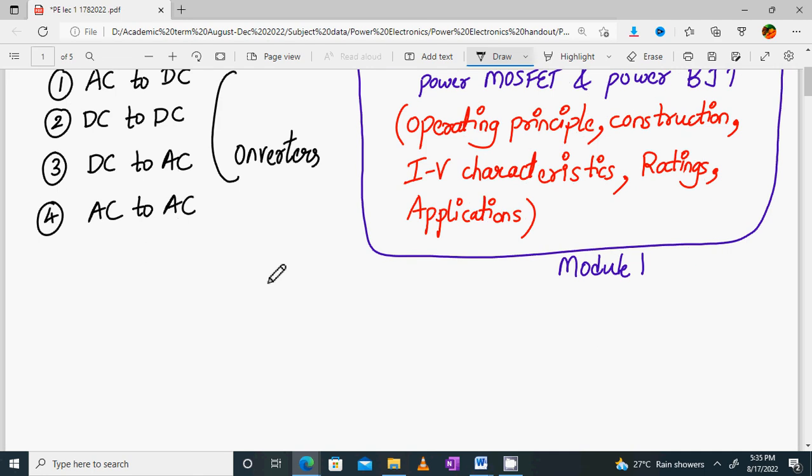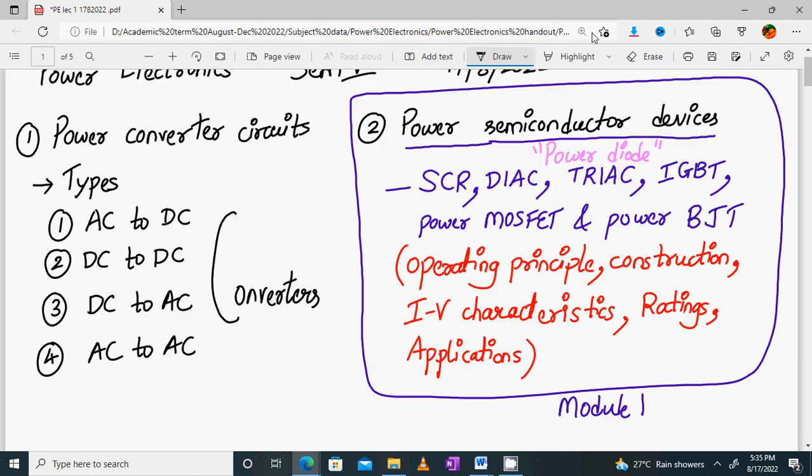Fine. Now, mainly our focus of attention in power semiconductor devices will be the SCR. In addition, we'll also focus on the turn on mechanisms of SCR. So, how to turn on an SCR? We have to worry about turn on techniques.